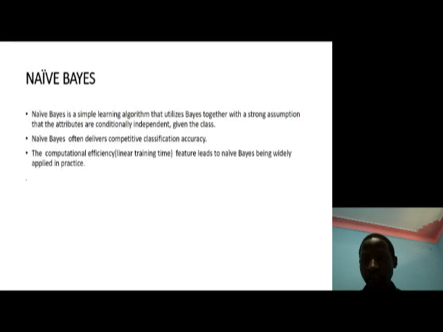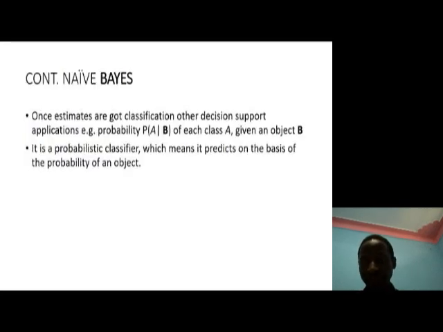Naive Bayes is a simple algorithm that utilizes Bayes' theorem together with a strong assumption that attributes are conditionally independent given the class. Naive Bayes often delivers competitive classification accuracy. The computation efficiency involves a linear training time feature that leads to naive Bayes being widely practiced and applied.